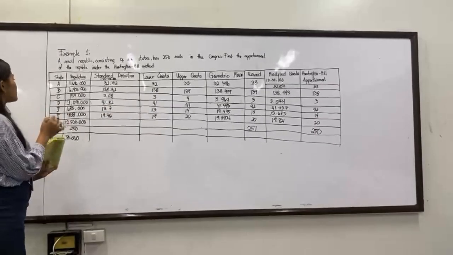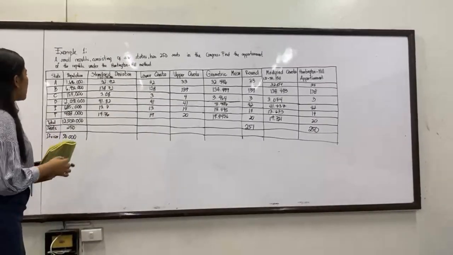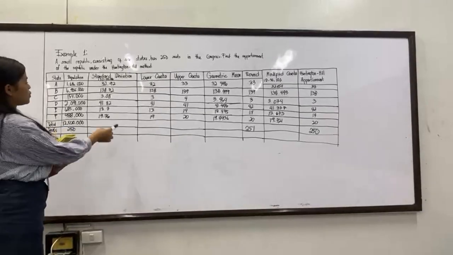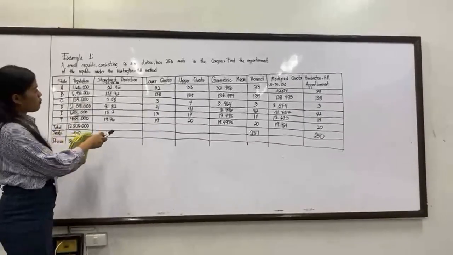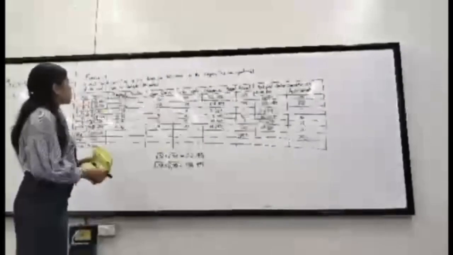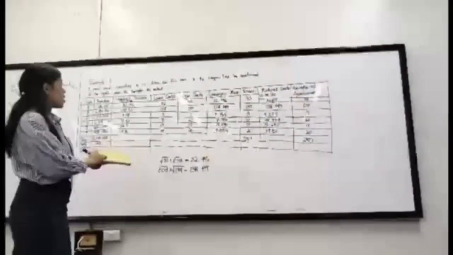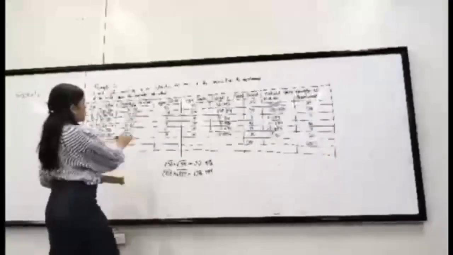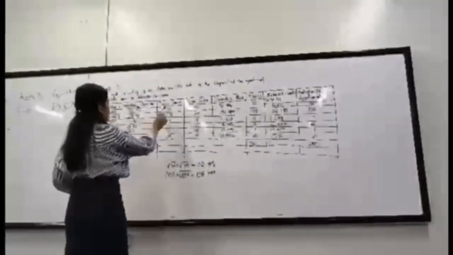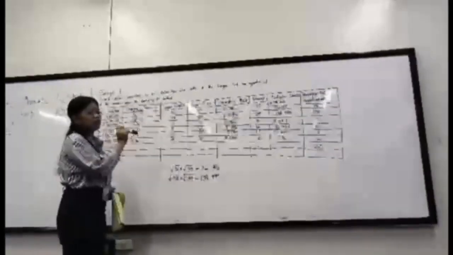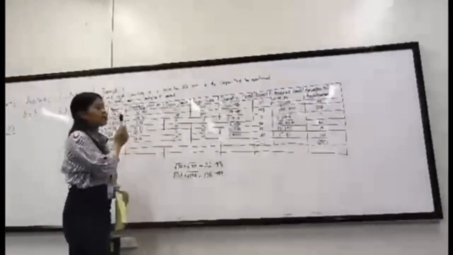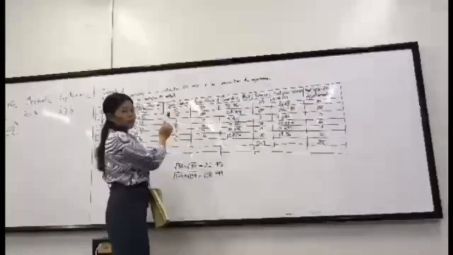And state C divided by 50 is equal to 3.08. And so on. Then find our lower quota by chopping the decimal point. So it would be 32, and 138.7 would be 138, and 3.08 would be 3, and so on.